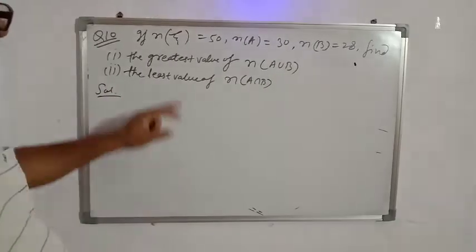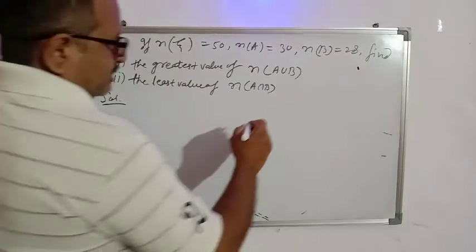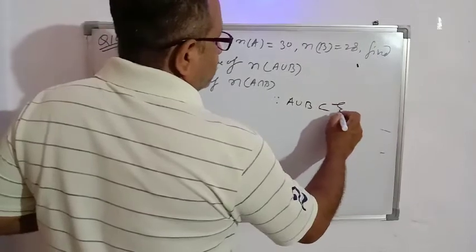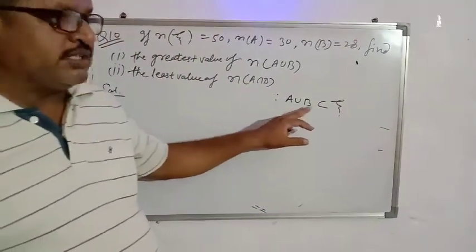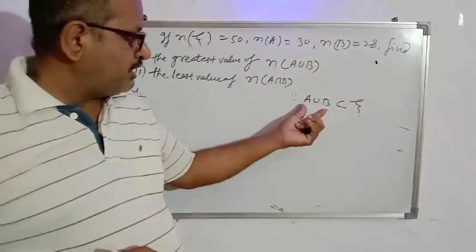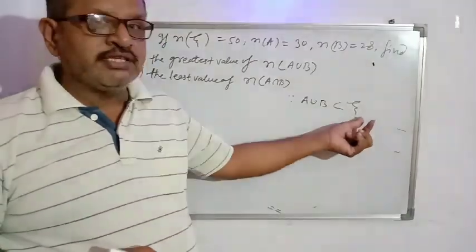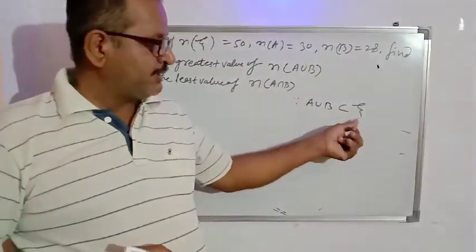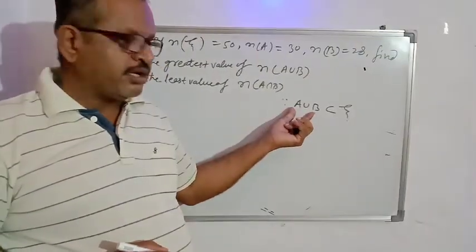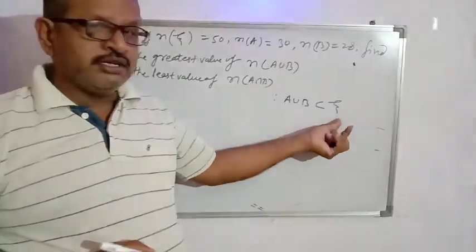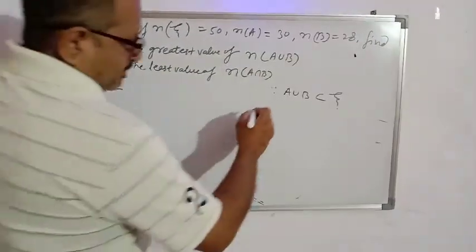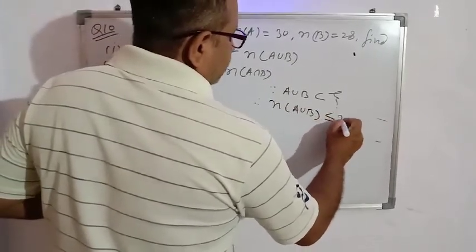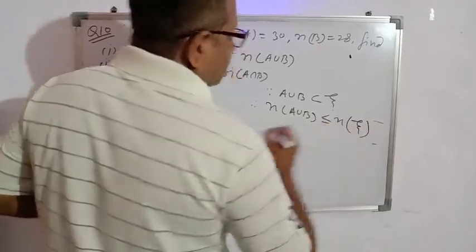We know that every set is a subset of the universal set. So since A union B is a subset of the universal set, the cardinal number of A union B cannot be greater than the cardinal number of the universal set.